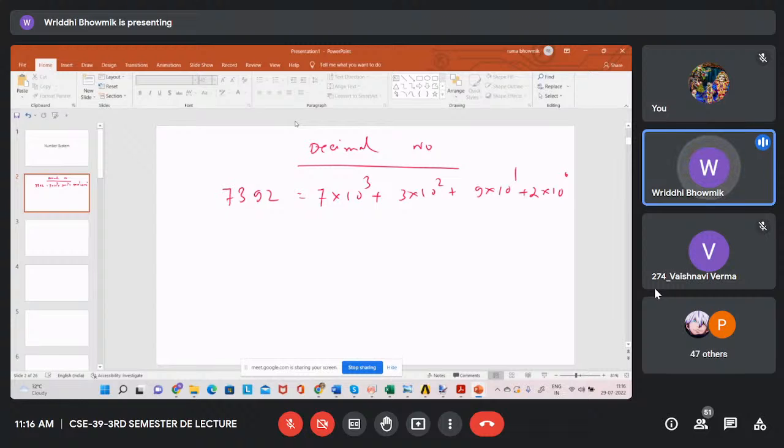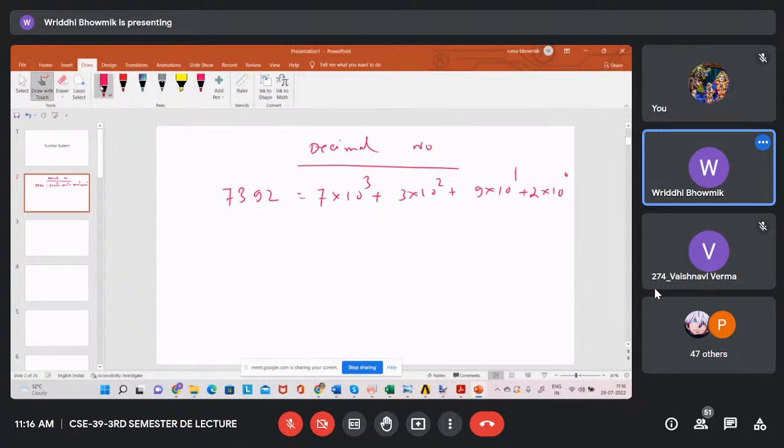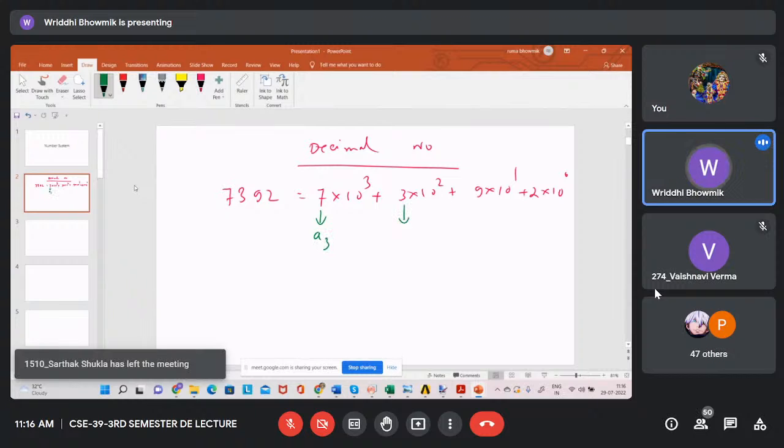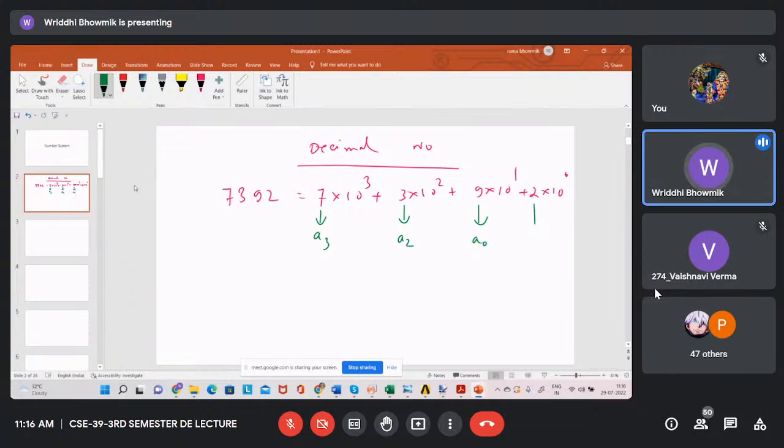And the coefficients are: this coefficient is A3, this coefficient is A2, this is A1, and this coefficient is A0. So these are the coefficients, A3, A2, A1, and A0.